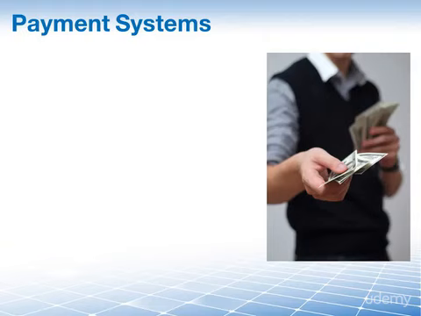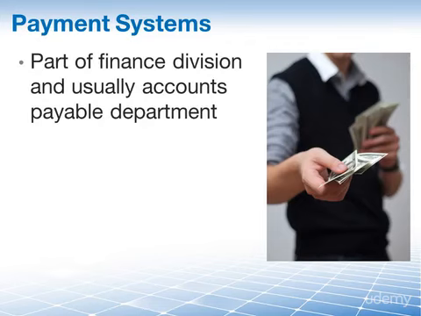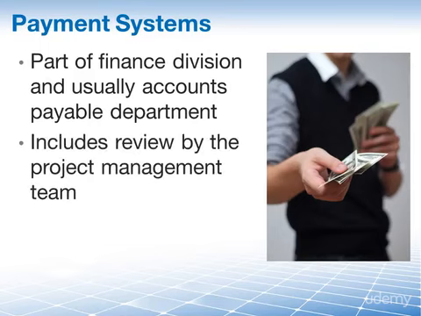So our next controlling tool and technique is the payment systems. In most companies, this will be part of your financial division, usually the accounts payable department. If your project is large enough, you may even have your own accounts payable department for the duration of the project. The payment system usually includes some kind of review by the project management team.